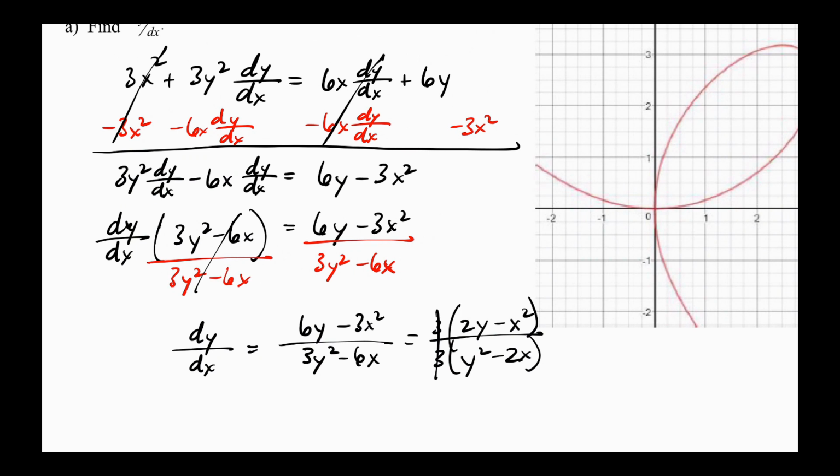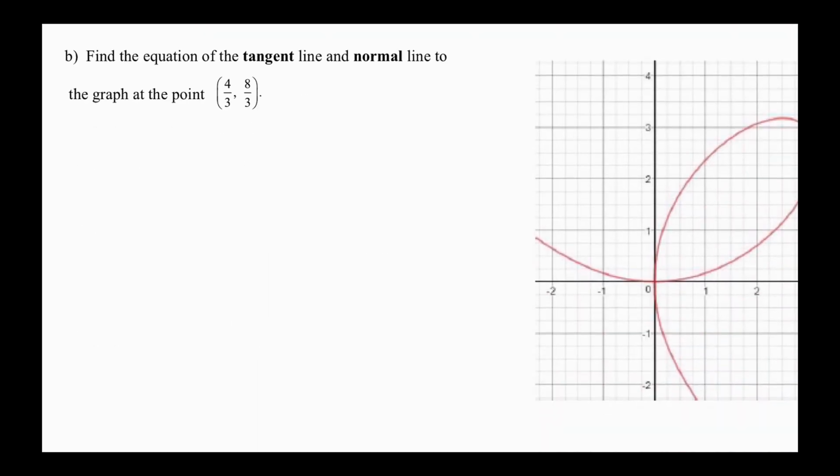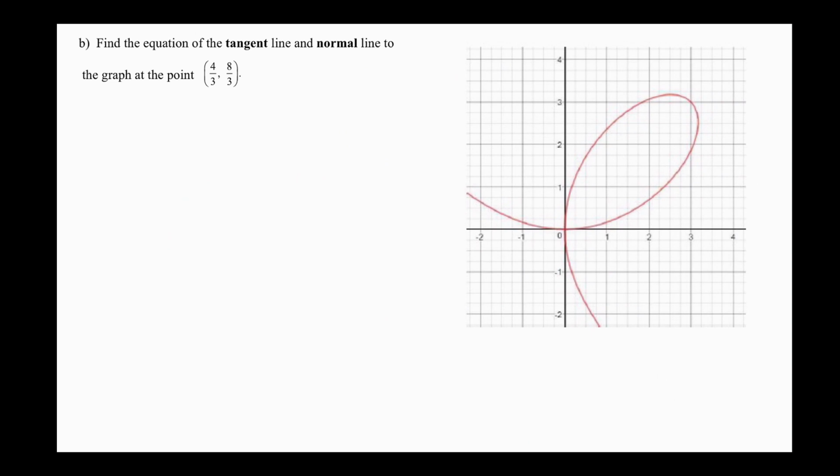That's how you know your answer is right on the next step, because the next part wants us to find equations. So we should find an equation that's the same. Okay, so that's the derivative. Part B says find the equation of two things: tangent lines and something called a normal line.